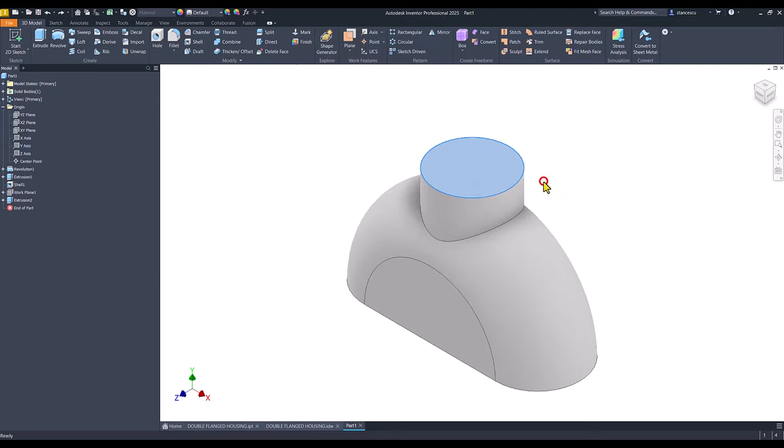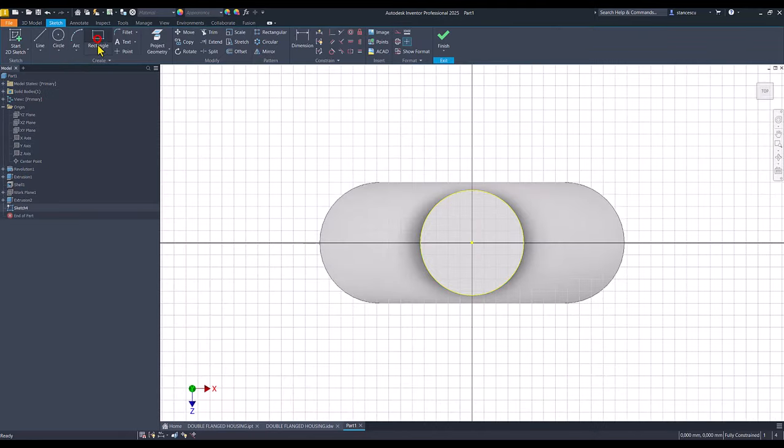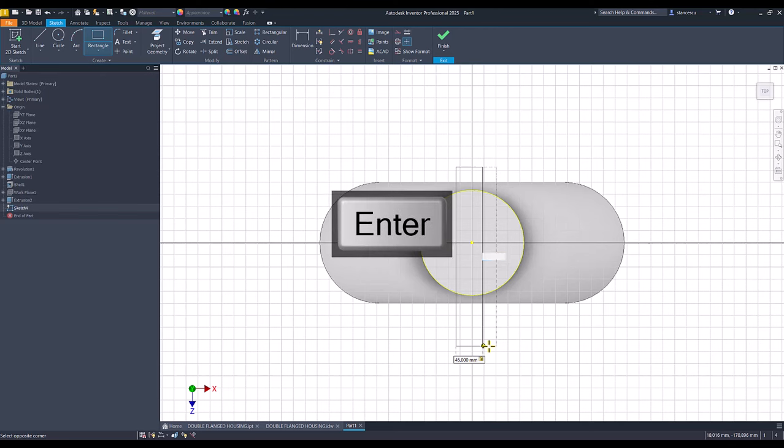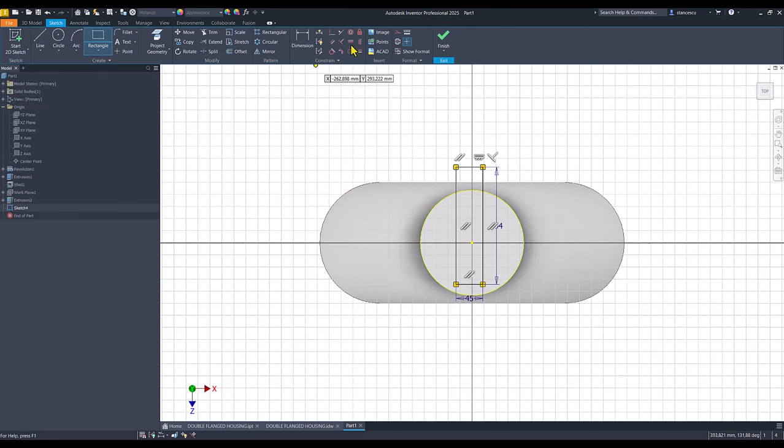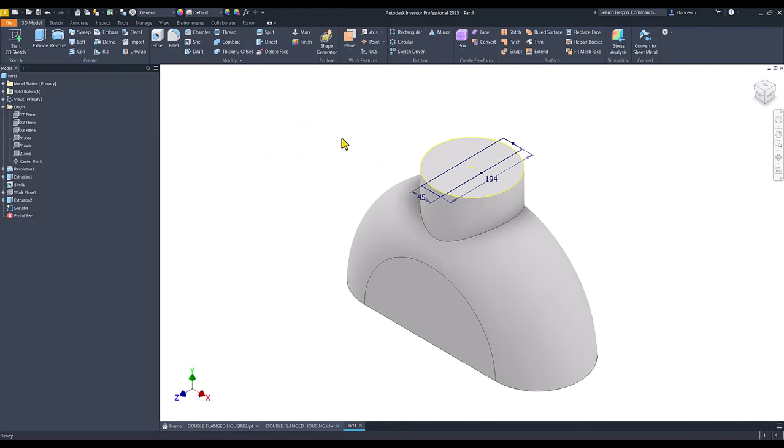This is the face, rectangle, 45 by 194, with this midpoint on the same horizontal with the center point and this point on the same vertical with the center point.